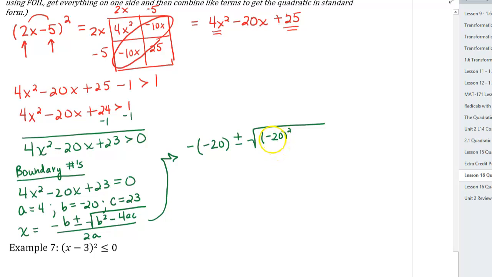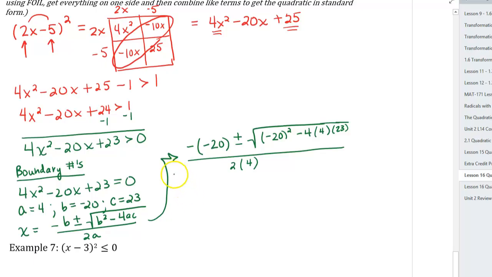A negative times a negative would be positive. Moving on, minus 4 times a, which in this case is 4, times c, which is 23, all over 2 times a, which is 4.